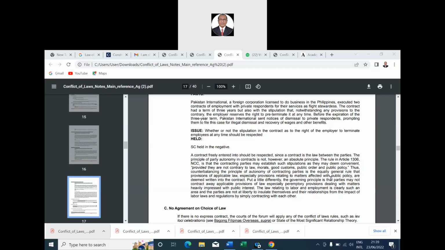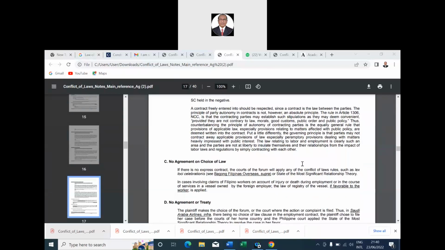So their relationship is not free from the impact of labor laws and regulations, but simply a contract with each other. So when a contract is made without the free consent of the employee, the court will definitely consider that it is not freely given, with no opportunity for the employee to say something, because the employer has the high bottom line and the employee has the low bottom line.